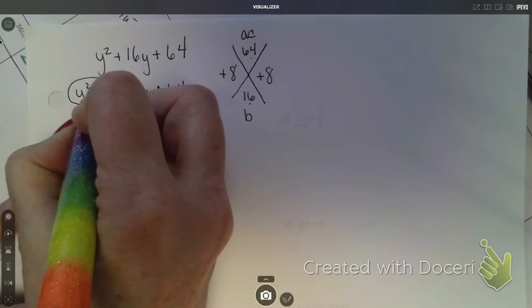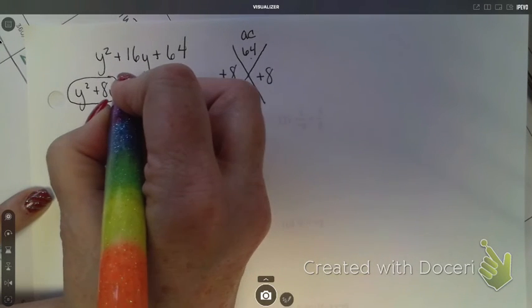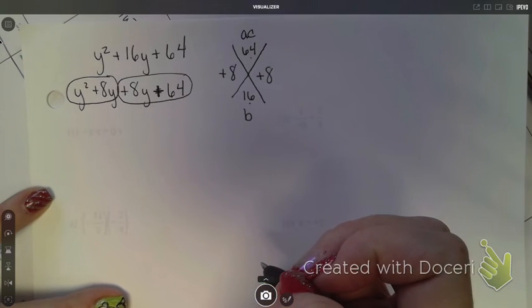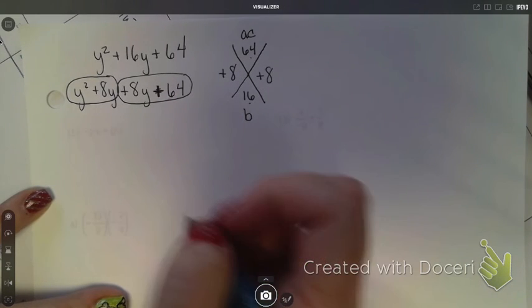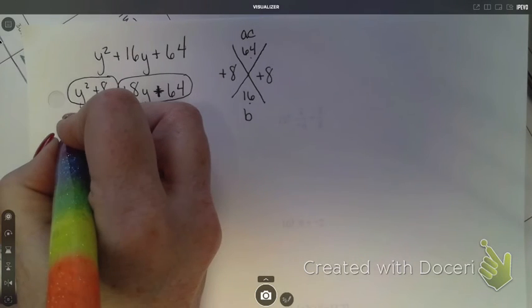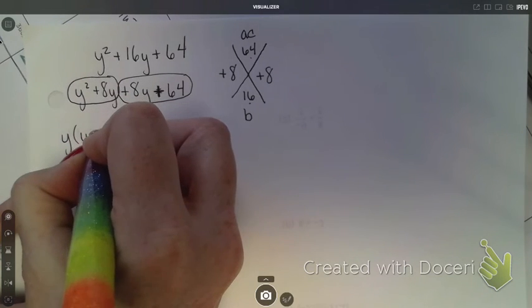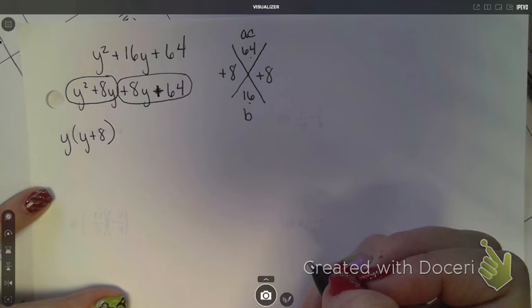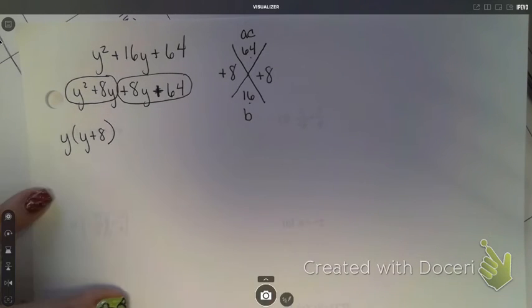So factor the first two and the second two. What does y squared plus 8y have in common? Y. So y plus 8. Okay, and if you're not going to write with me, I'm not going to wait at the end. Is that plus 64?